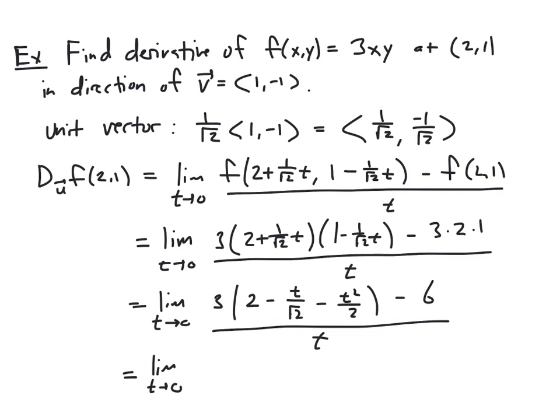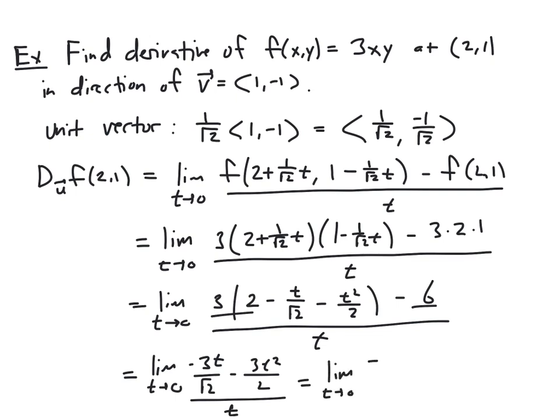So we notice when we distribute the 3 here, we have a 3 times 2 and we have a 6. Those will cancel. And so what we're going to have left is 3t, negative 3t over square root 2, minus 3t squared over 2, all of that over t. The t's will then cancel, since we have a t in every term.